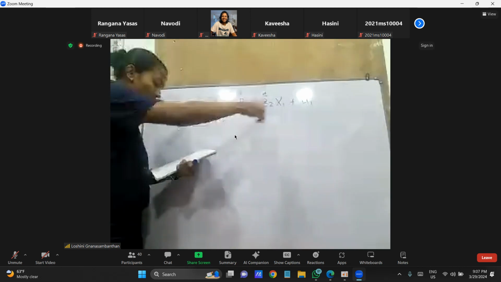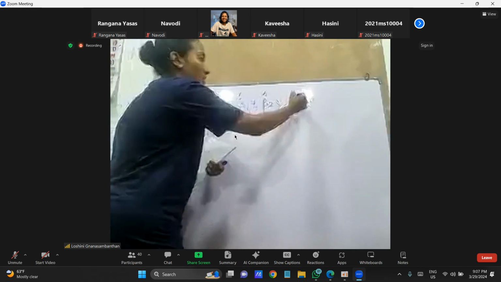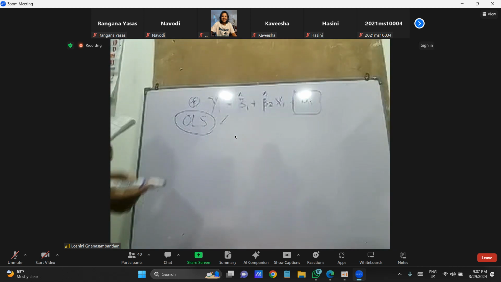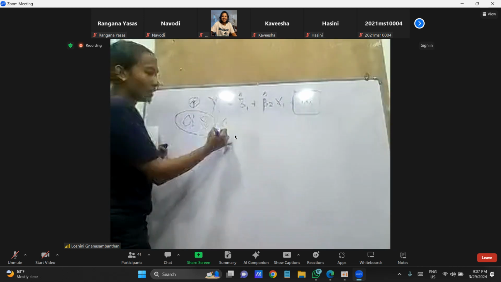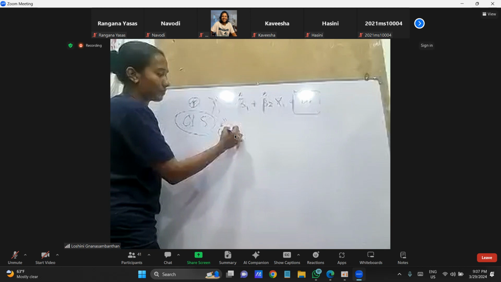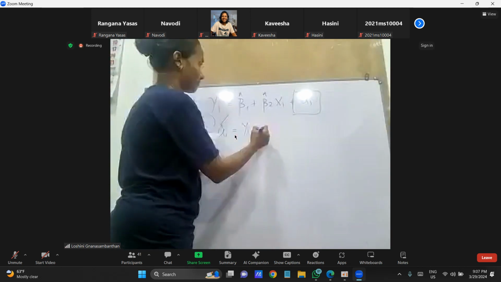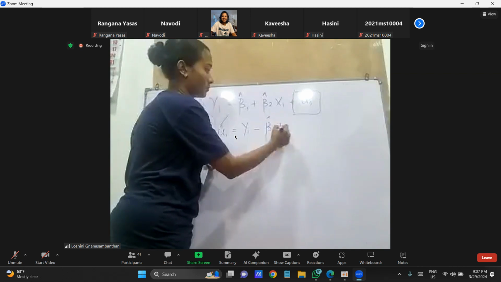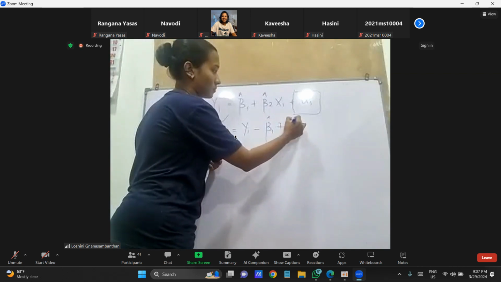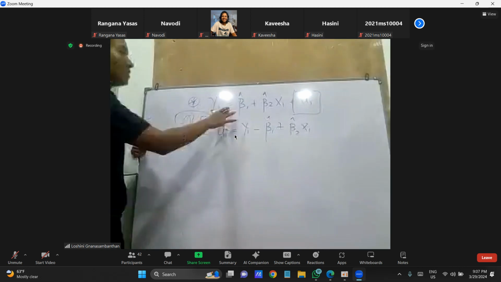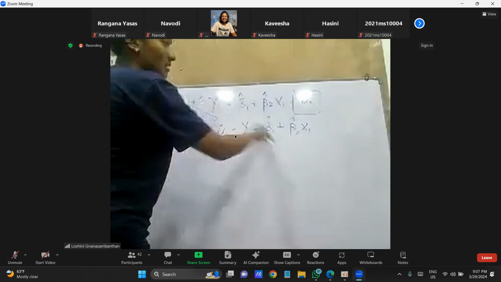So this thing we can write in another way, having this ui hat as the subject. Okay, let's write like that. So you can subtract the error term and write this equation this way.